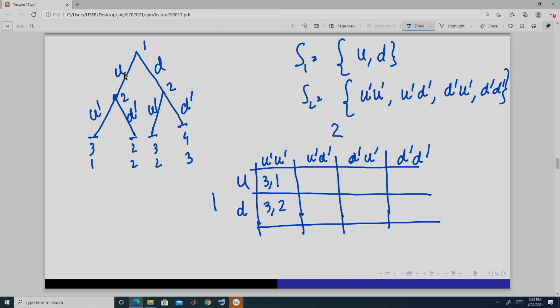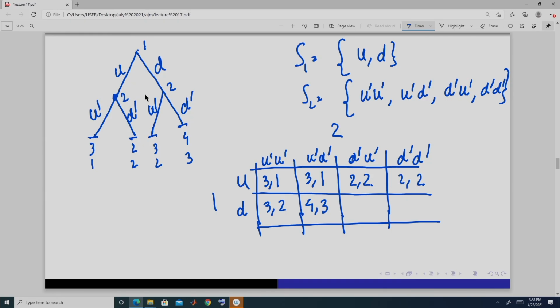Player 1 is playing U and player 2 is choosing U'. Okay. And here when player 2 is choosing D, it is doing D'. When player 1 is playing U, it is choosing D. When player 1 is choosing U, it is choosing D'.